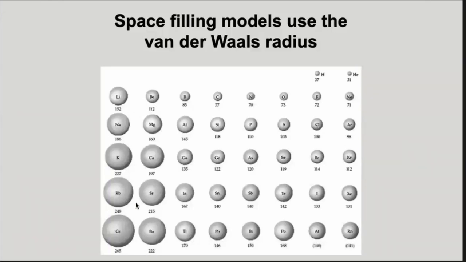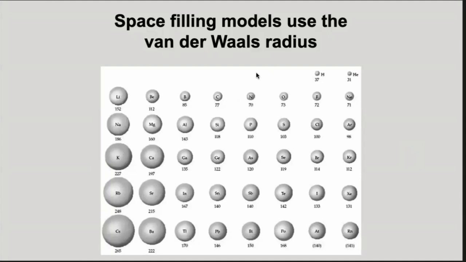And we've talked about this before, about how the van der Waals radius varies. As you go down the periodic table, the van der Waals radii get progressively bigger because you keep adding more shells of electrons to the outside. But also, as you go across the periodic table from left to right, the atoms are bigger on the left and they get smaller as you go to the right.